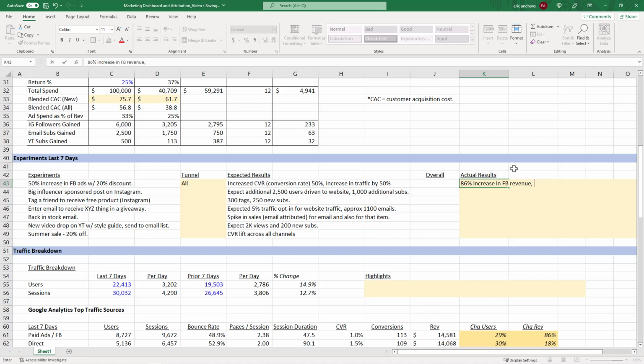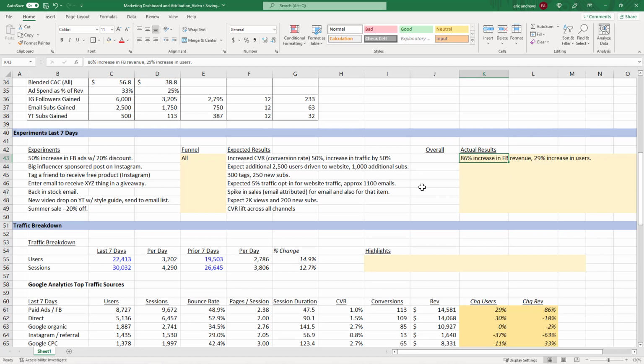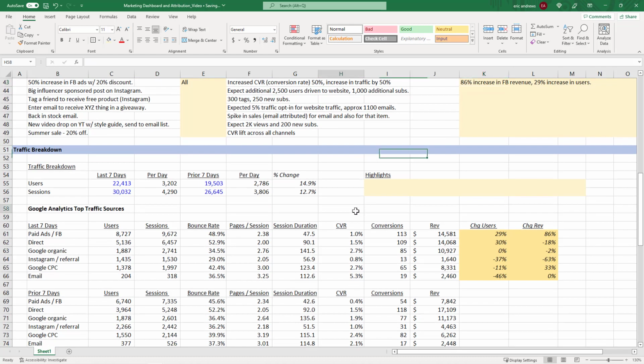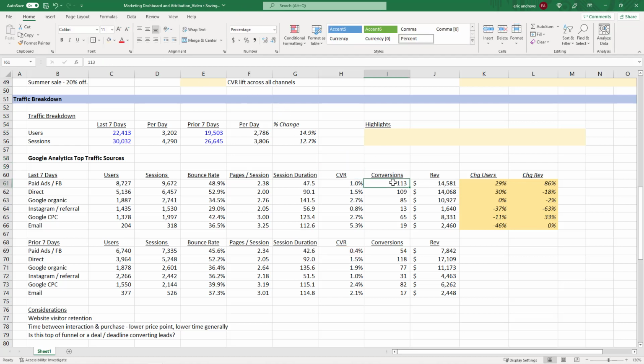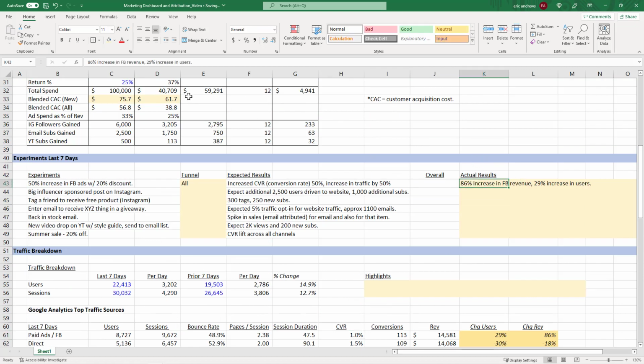What was the user increase? 29% increase in users. And then what was the conversion rate increase? So 1% divided by 0.4%, minus 1, is a 120% increase in the conversion rate. So I think we can put that first.